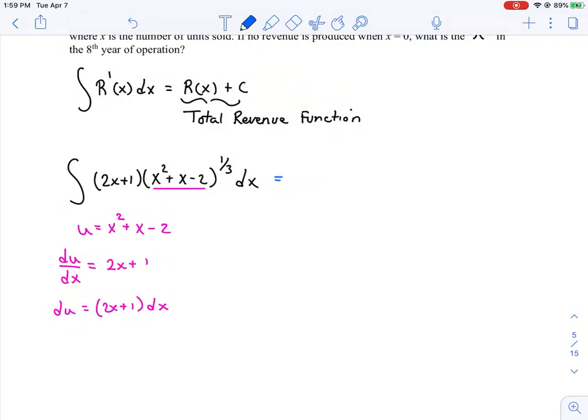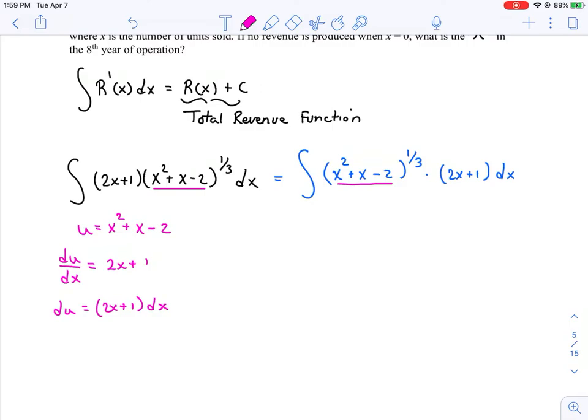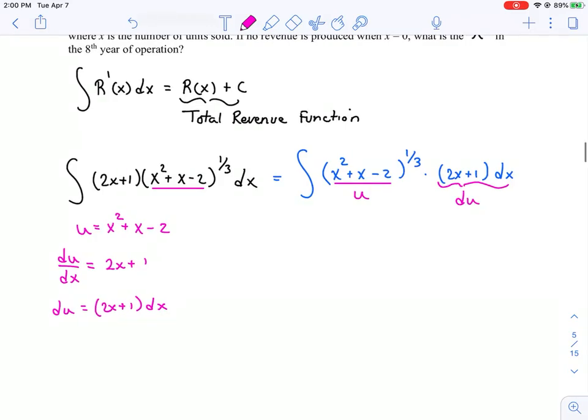We're going to rewrite the integral. We're going to rewrite it so the x squared plus x minus 2 comes first, and the 2x plus 1 comes after it. Because now you can see that x squared plus x minus 2 is the u, and the expression 2x plus 1 times dx, this is du.